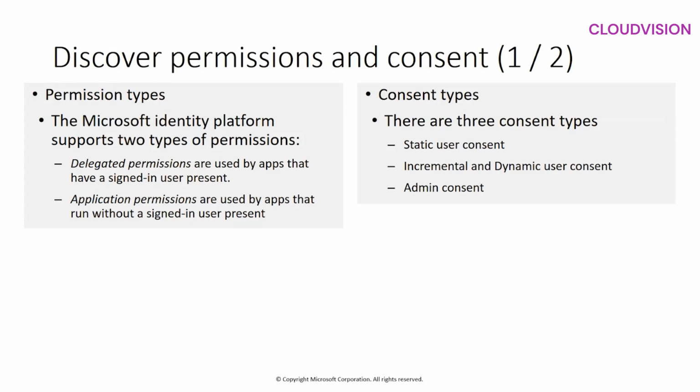The second type of permissions are application permissions, which apply to applications which are not running within a specific account. Any user can access that application. And if the application wants to access any resource, you must grant permission to that application. Example, whenever you buy a new mobile and you download some app from the Play Store, that app says, hey, I want to access your contacts. I want to access your messages.